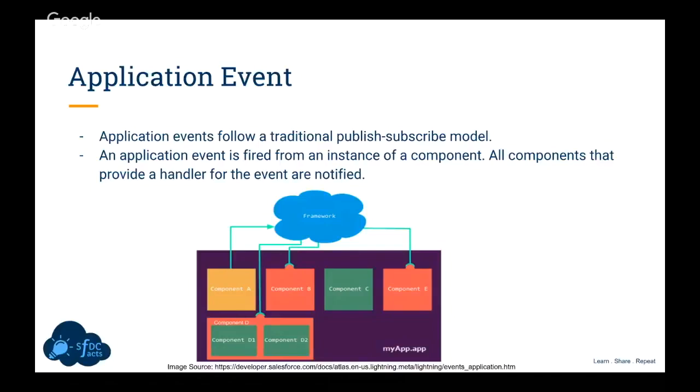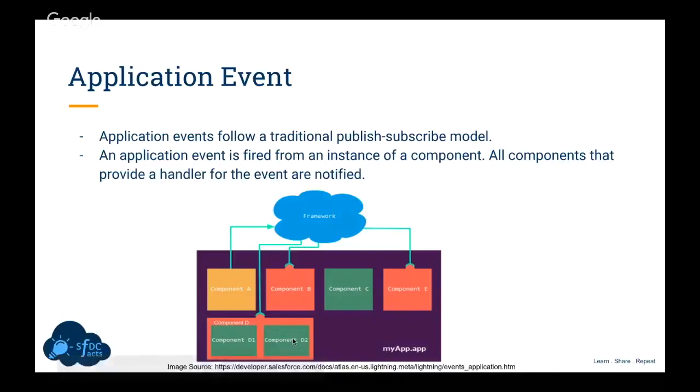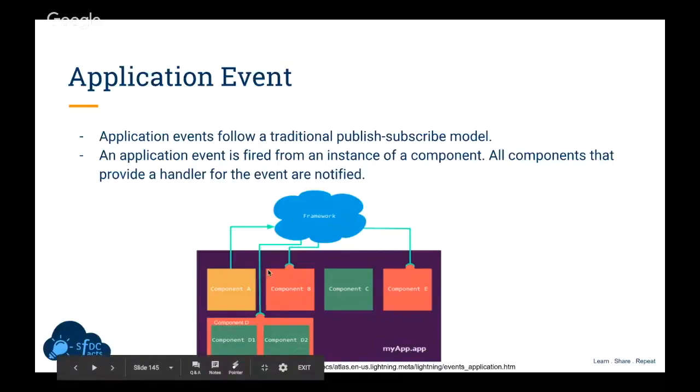So a component event can only be handled by the component who is firing it, or the parent component, which is in the same hierarchy. So if you look at this image, let's say our component d2 is firing an event. So that can be handled by the d2 itself, or maybe the parent component.